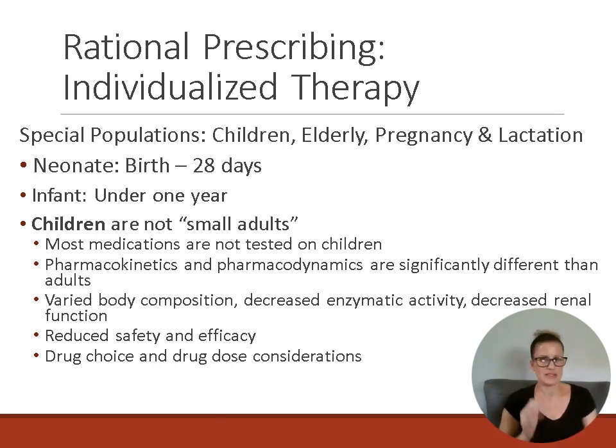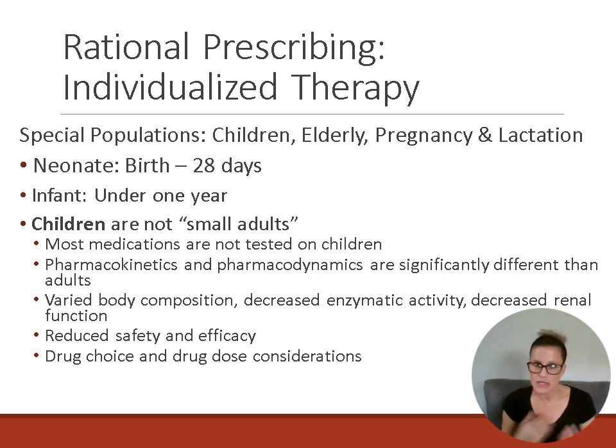So this means that drugs that are highly bound to plasma proteins are going to behave differently. There's going to be more free drug, and that drug's going to have a higher or more intense effect in children because of that.